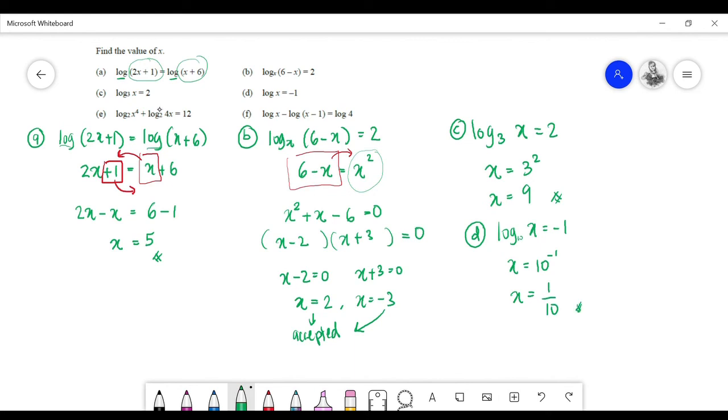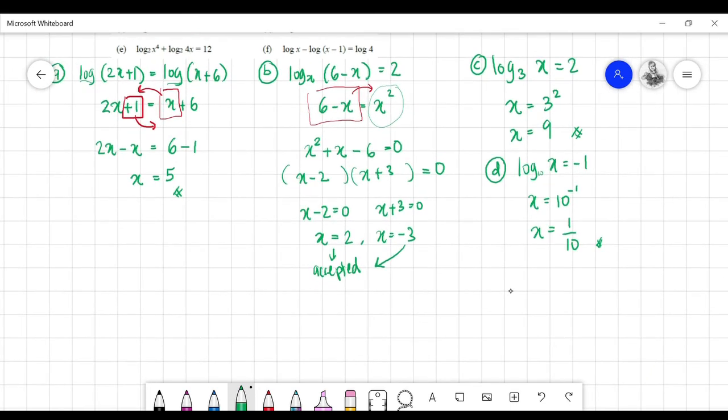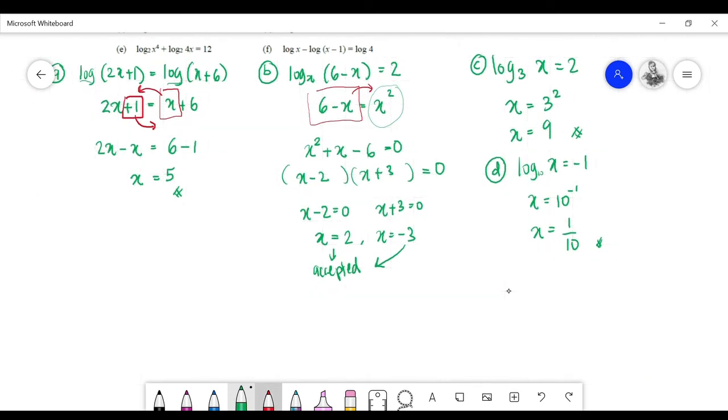So how about E? Okay, I drag this one. I write down the equation first. So E, you have log with base 2 of x to the power of 4, plus log base 2 of 4x, equal to 12. Okay, first of all, you can combine this because you have the same base here.